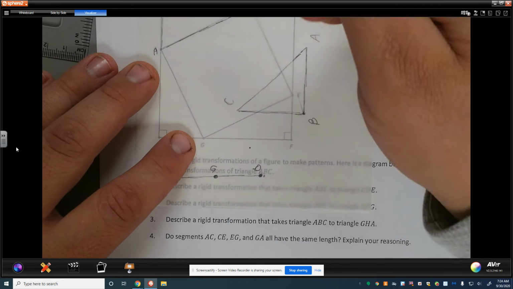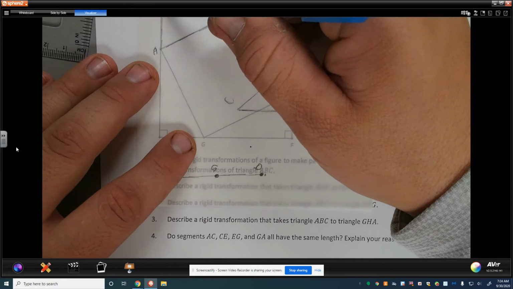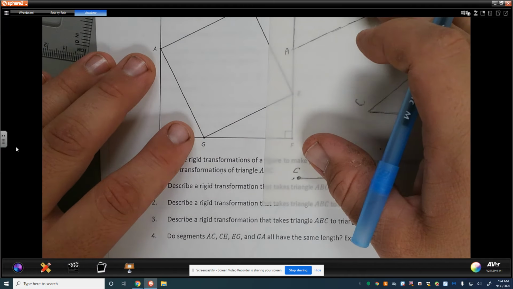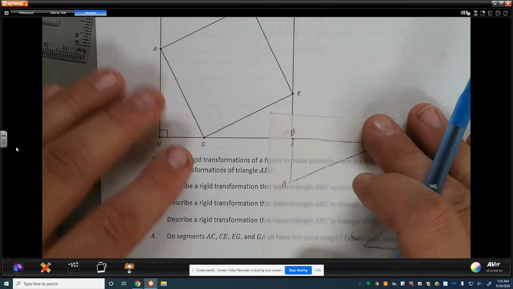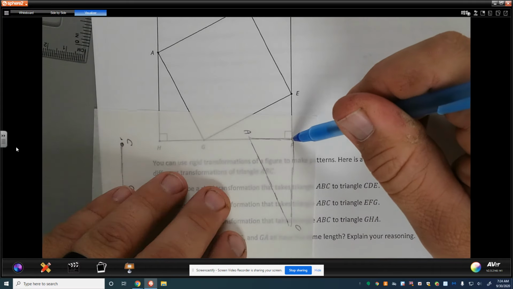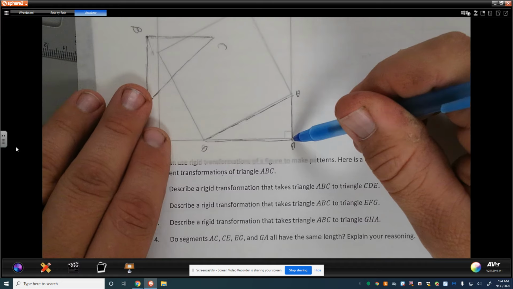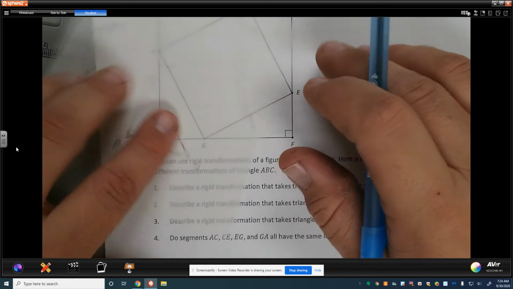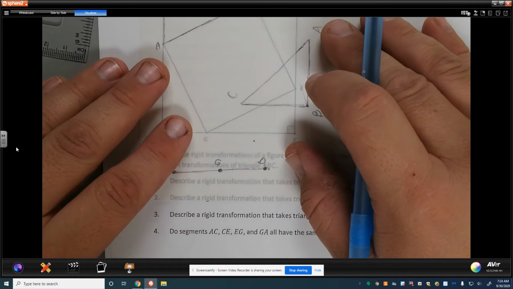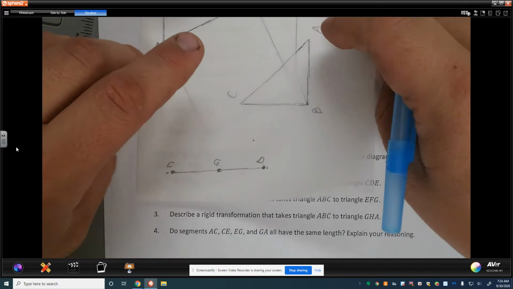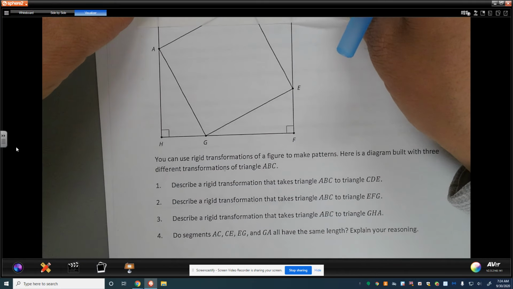So for this one right here, how would I do this? Well, perhaps I could take a translation from B to D, and then a translation from B to F, and then I could rotate around here. There's 90 degrees and 180 degrees around center F. Or maybe I recognize that right here from this one, that this figure is, well, maybe a reflection will work.